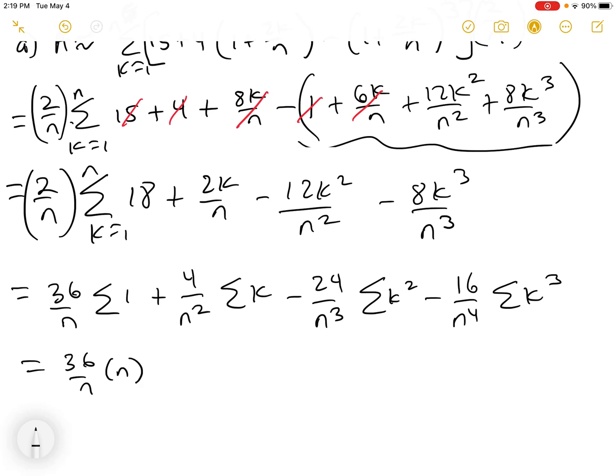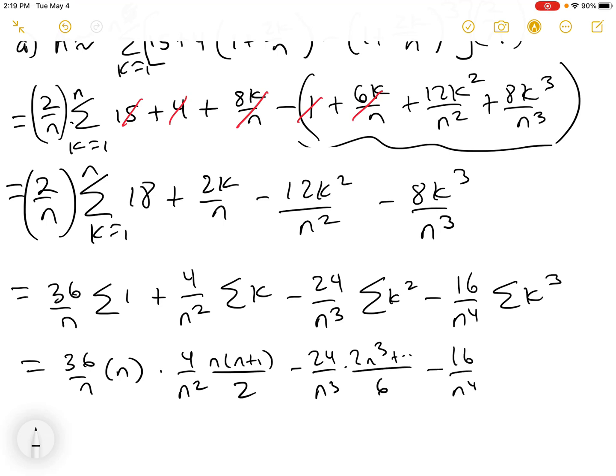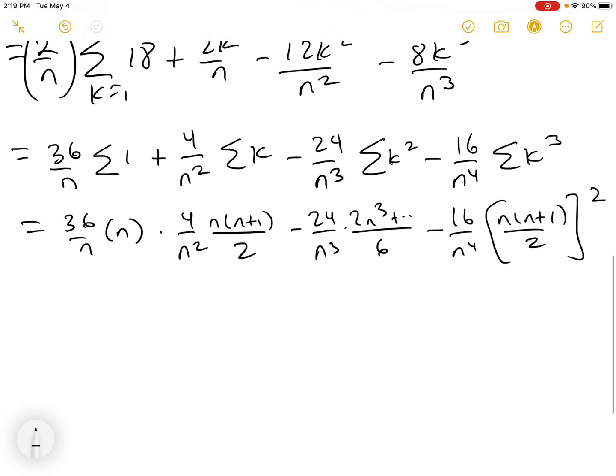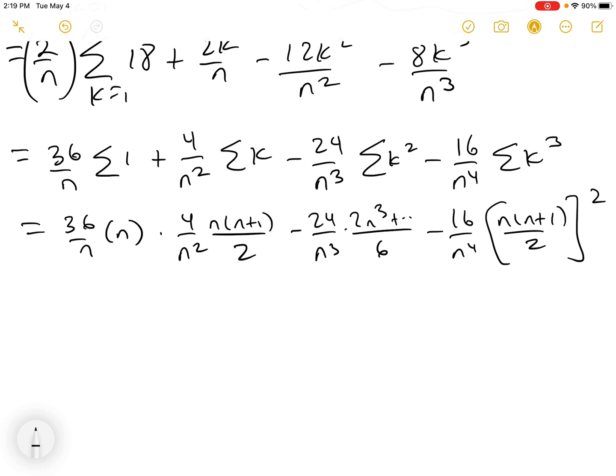Now we plug in the formulas here. We have 36 over n times n, plus Gauss's formula. I don't remember the whole thing, but I do know it's 2n cubed plus stuff over 6. And this one is Gauss's formula squared. If you plugged in a 6, you'd get that number. Let's just go all the way through here. This is 36 plus, when you take the limit, those cancel out.